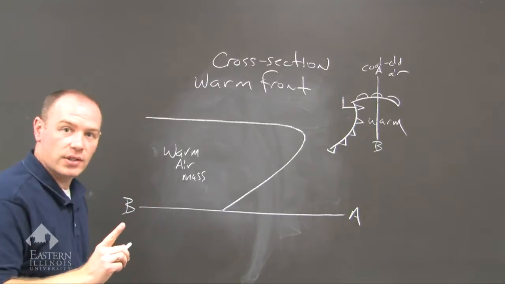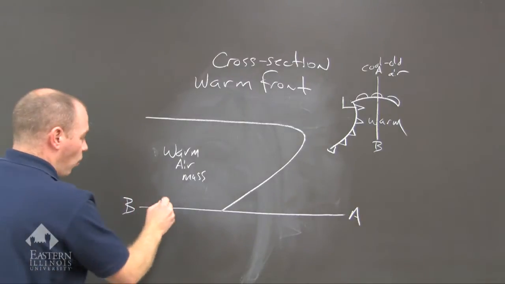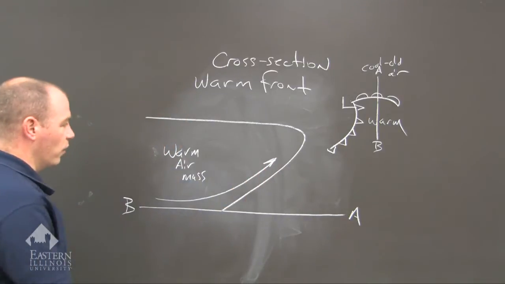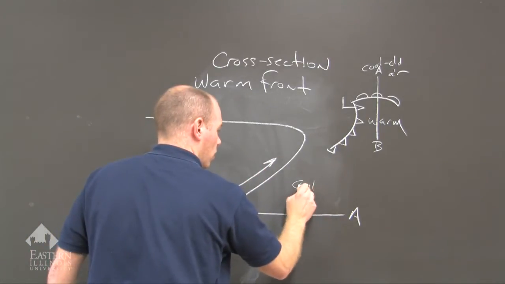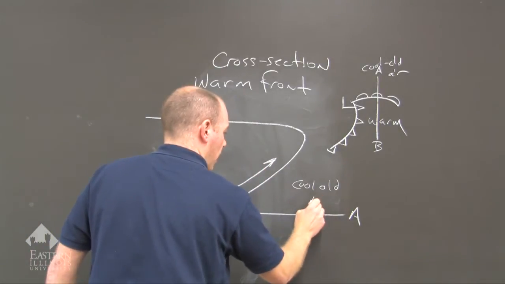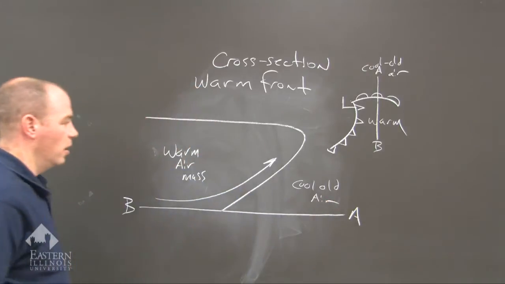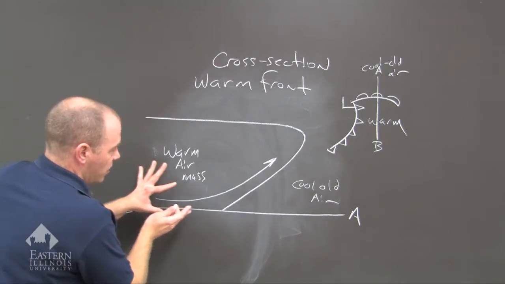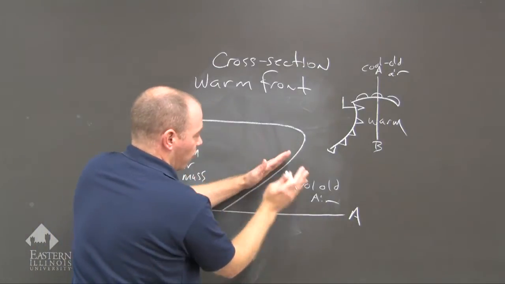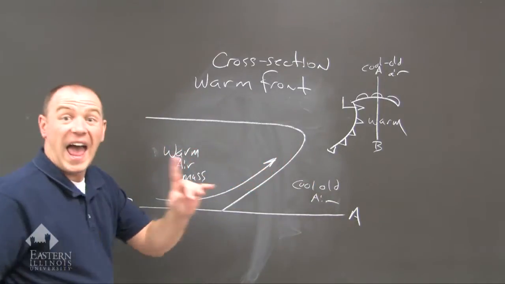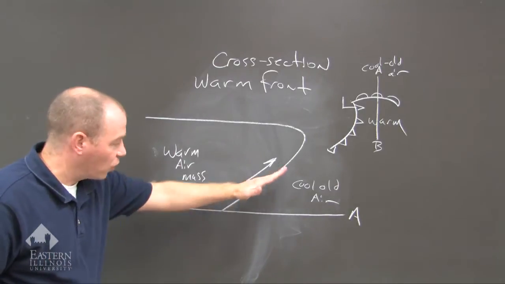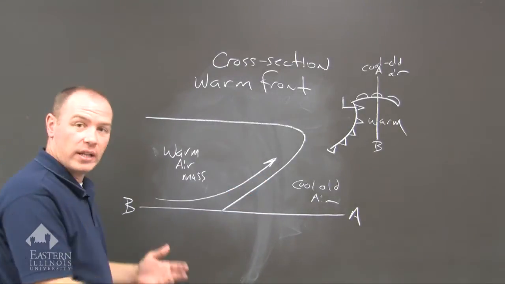And what it does, as I said earlier, is warm air glides gently over cool, old air. So the warm air mass moves in from the south, and as it does, it glides gently over cool, old air. As it does, it creates clouds.